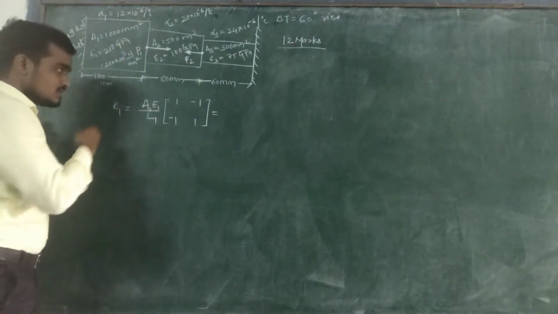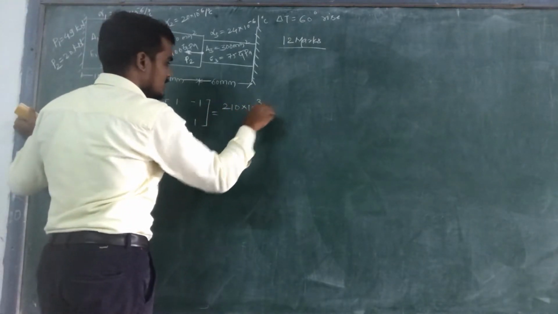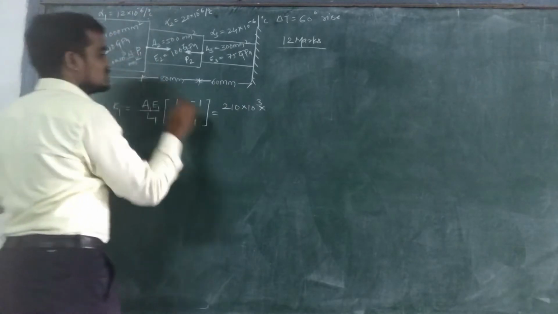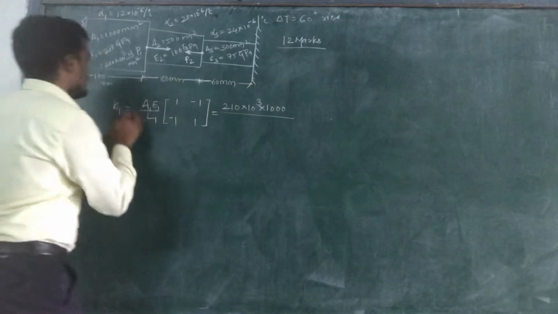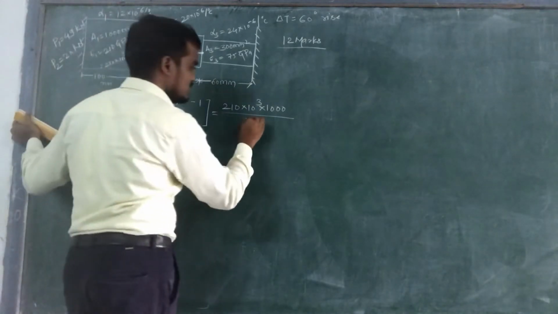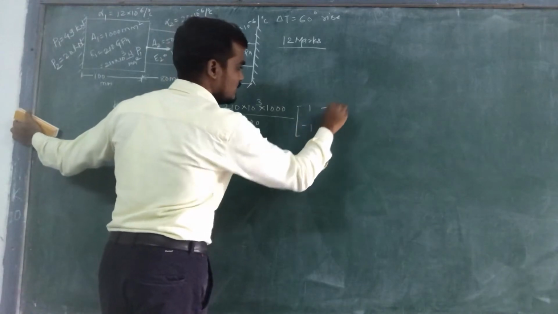So 210 into 10 raised to power 3 into A1, which is 1000 mm square, divided by L1, which is 100, times the matrix [1 -1; -1 1].